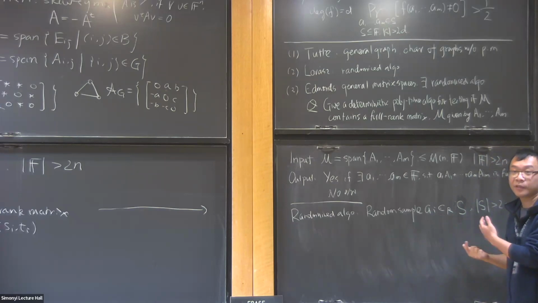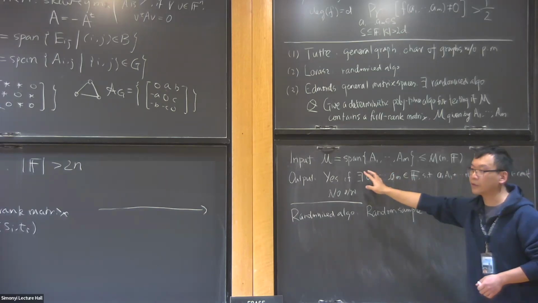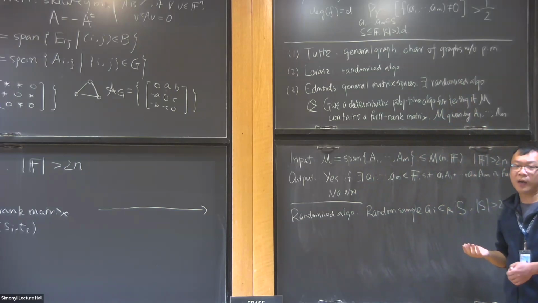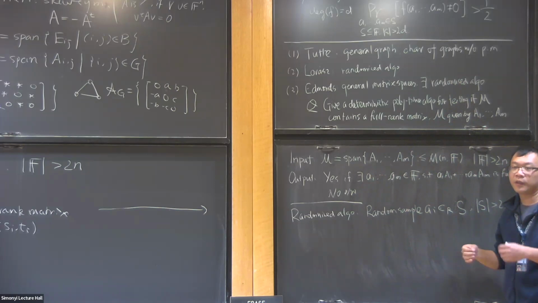Then do a linear combination. If M indeed contains a full rank matrix, by the polynomial identity testing lemma, with probability at least 1/2 you will get a full rank matrix with such a random linear combination. If it doesn't have any full rank matrix, of course, no linear combination will give it. So this is like the RP or co-RP algorithm, depending on what side you're looking at. This is the RP algorithm.